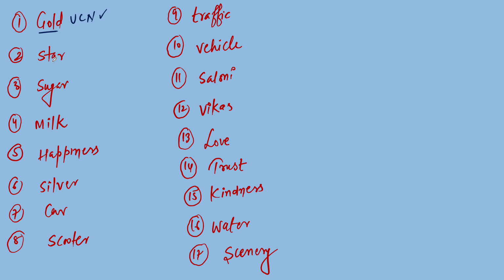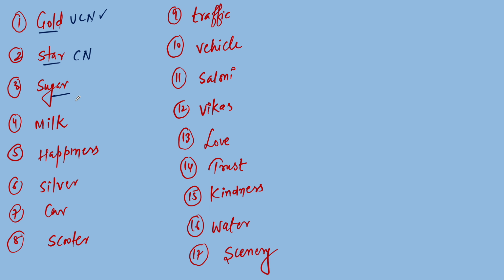Okay, now come to star. So as star can be calculated, means counted, so it is a countable noun. Is it clear? And from star to stars you can convert from singular to plural easily. And what about sugar? It cannot be counted because it is a material noun.